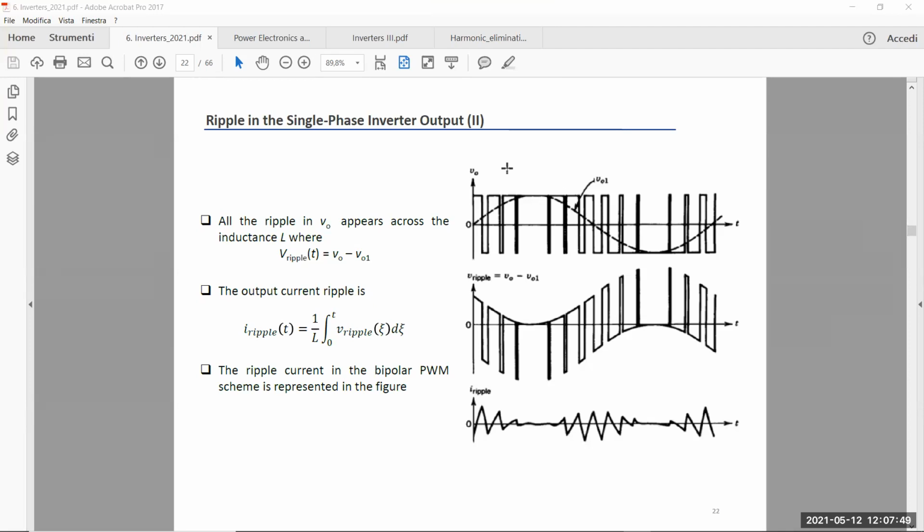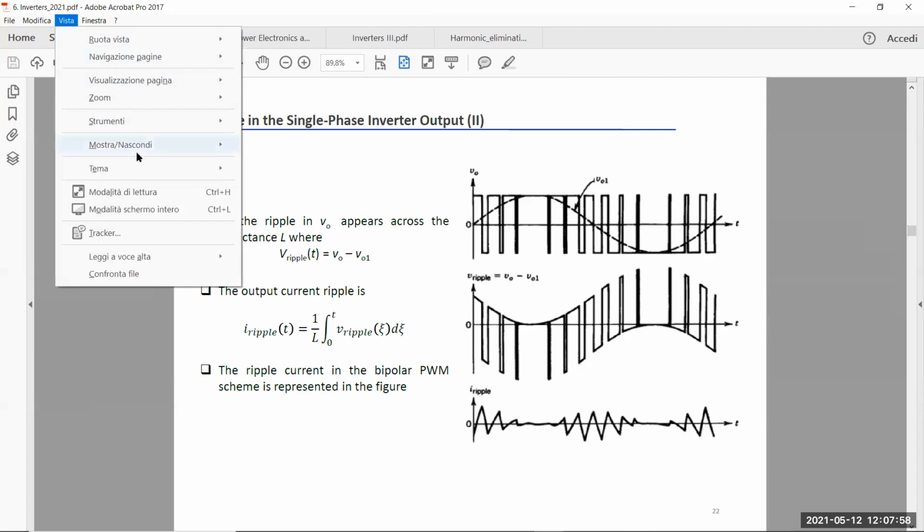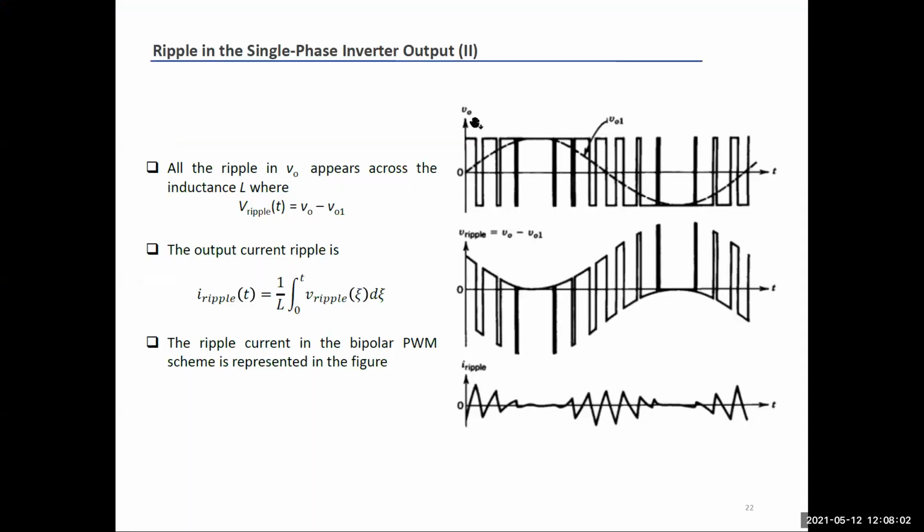The voltage V naught in the top plot is the instantaneous output voltage. This output voltage ranges from negative VD to positive VD, which is the typical behavior of a bipolar pulse width modulator. But of course, you can do the same for the unipolar one.